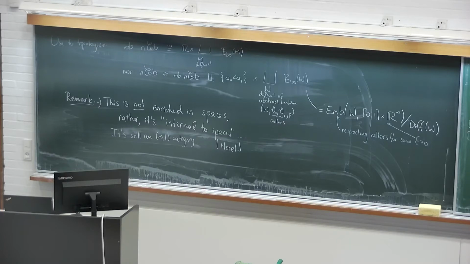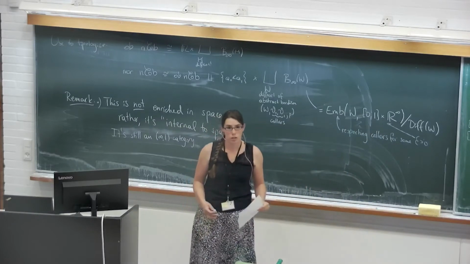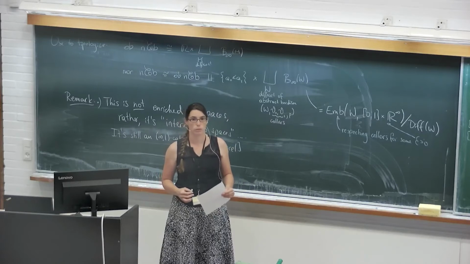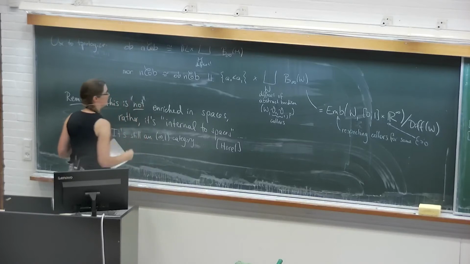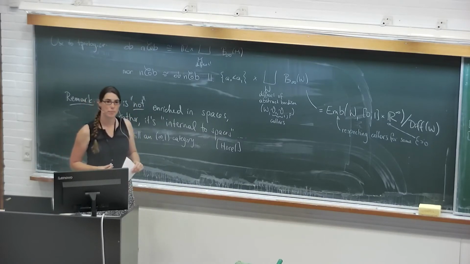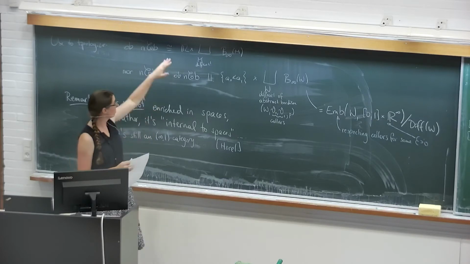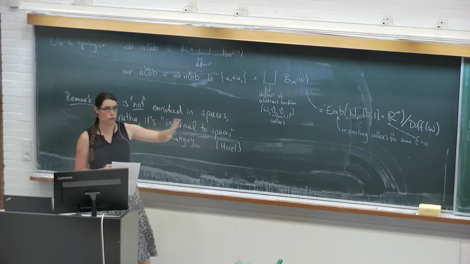Right, so from internal you can forget to enriched. So you can forget the topology on objects, and then you get something enriched in spaces. That's absolutely true. And the infinity category you are talking about here is coming from this paper that you said? Yes, this topologically enriched category I literally took from the paper.